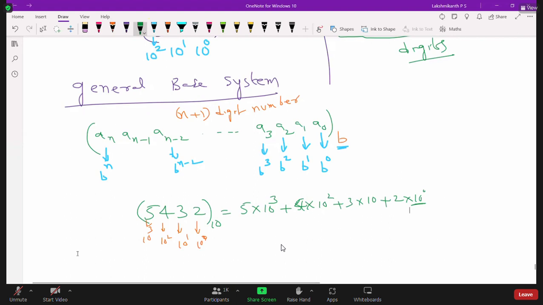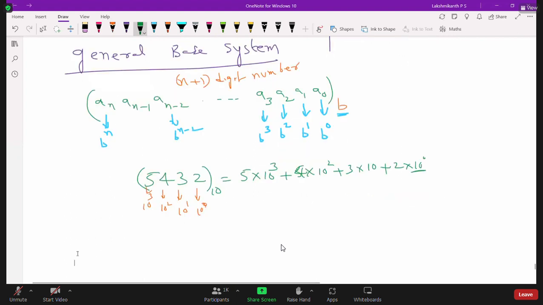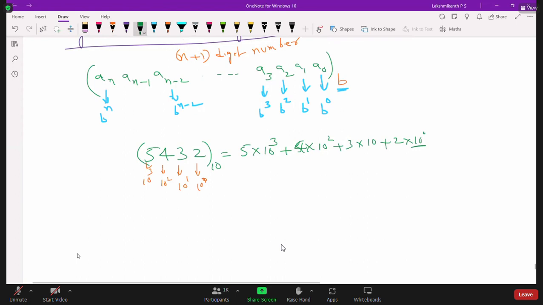Now with any base, for example when the base b is given, what are the place values? b power 0, b power 1, b square, b power 3, and so on up to b to the power n. Generally, when we take the base as 10, what are the digits we get in the number?